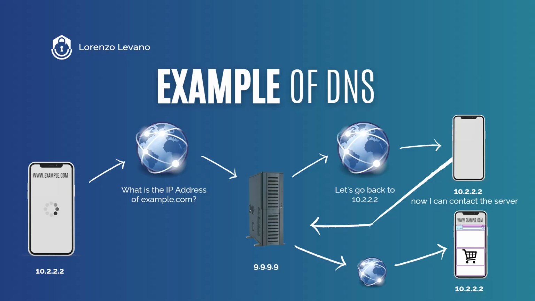This is not exactly how DNS requests work, but it is a simplified version. I didn't want to put too much pressure on this because you're at the beginning of your journey. But this is a good example of how a simplified version of the DNS requests work.